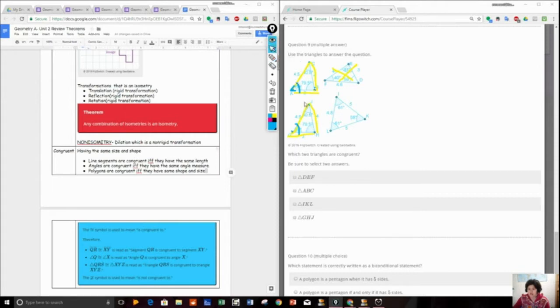So triangle GJH, GHJ, is congruent to triangle ABC. And if you notice, they did list out the vertices that correspond to each other. A corresponds to G, B corresponds to H, and J corresponds with C.